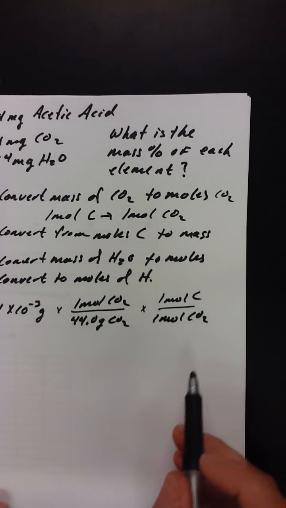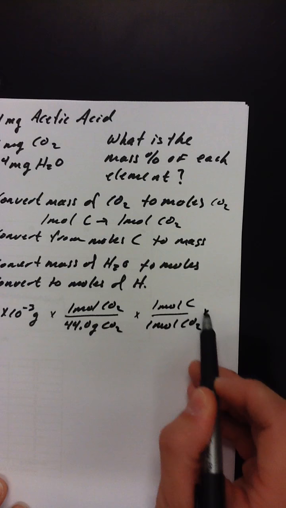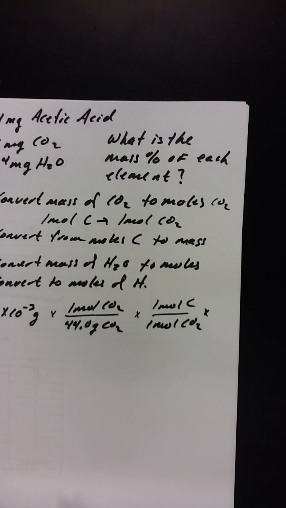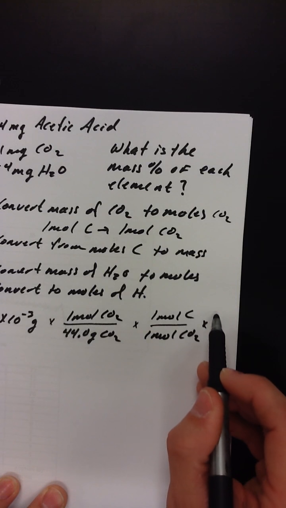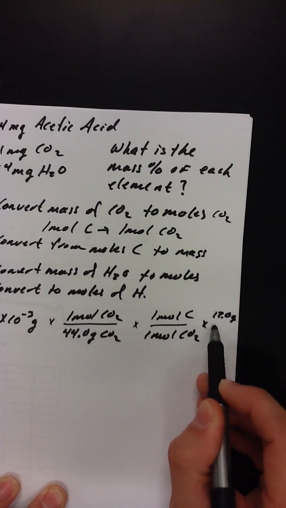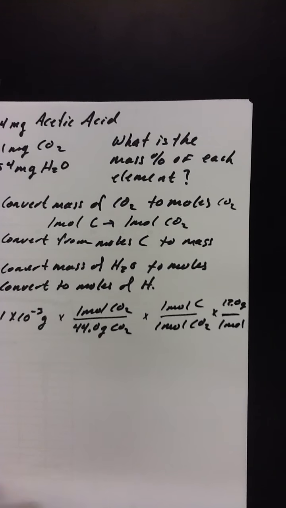So we'll lastly convert from moles of carbon into grams of carbon. So we need the molar mass of just regular old carbon, so 12.0 grams over 1 mole.